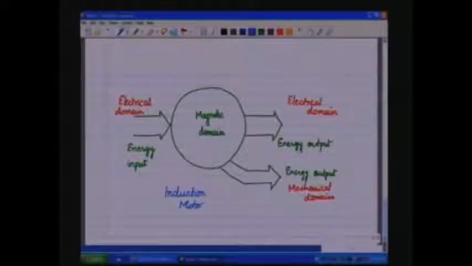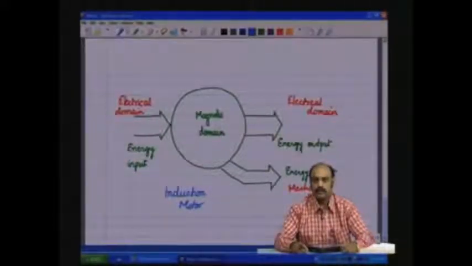So, let us study the induction motor, which is probably the most ubiquitous motor that you would find in most of the applications all over the world. Something like 75 to 80% of the prime movers are induction motors. The everyday pumps that you use for pumping water from the sump to the overhead tank work on the induction principle.